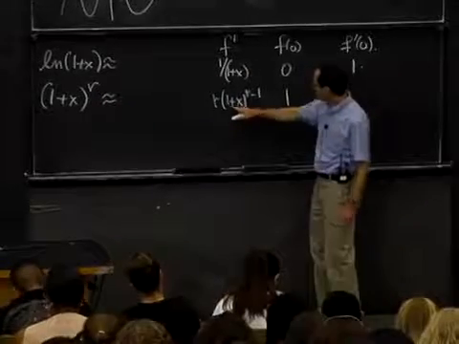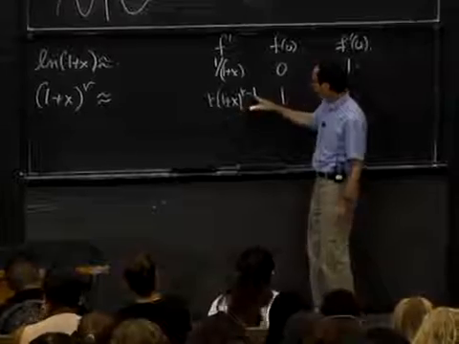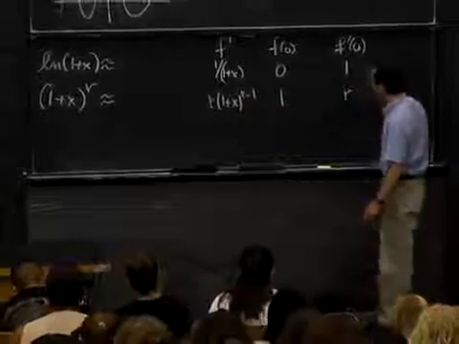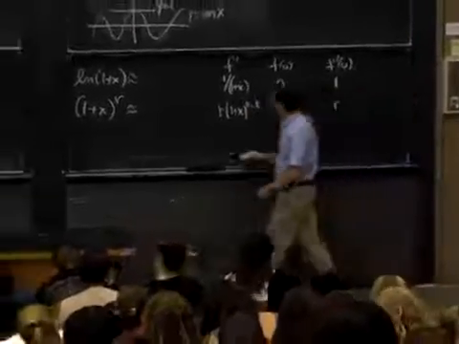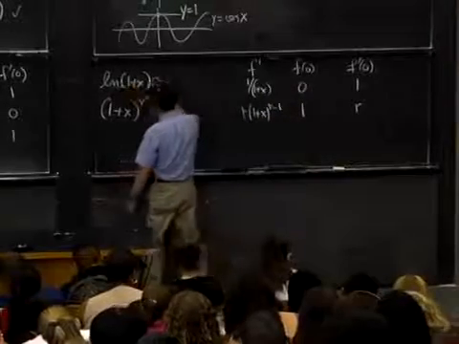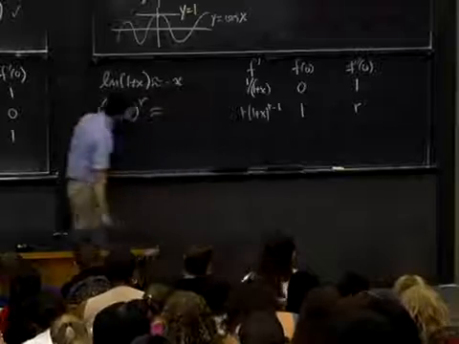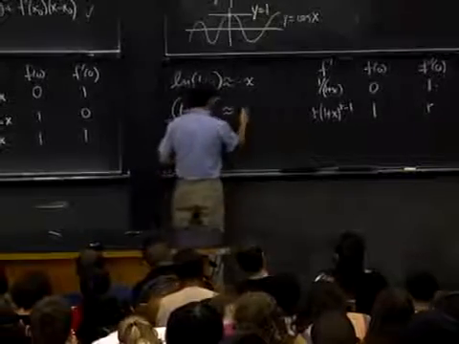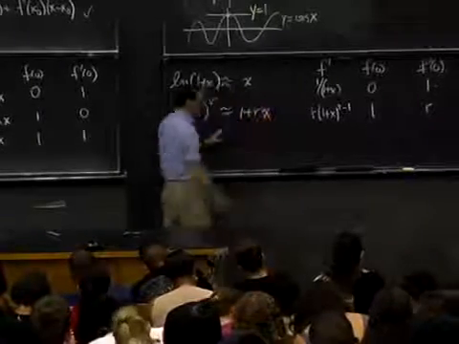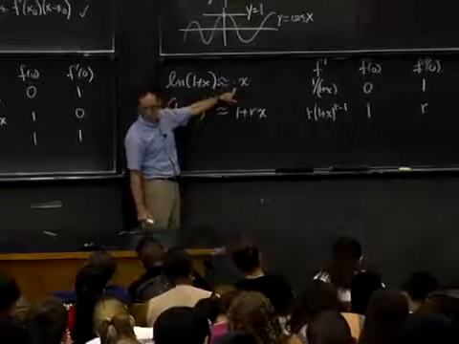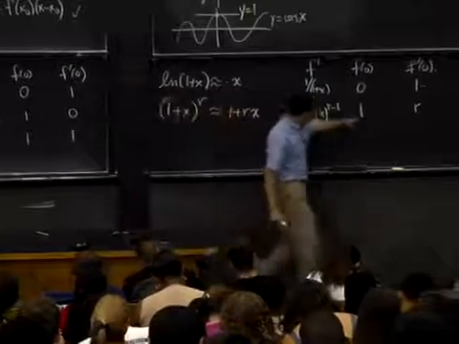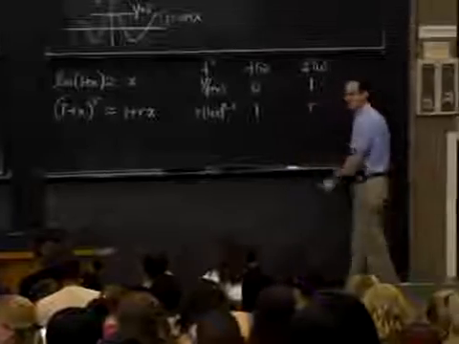And here I get r times 1 to the r minus 1, which is r. So the corresponding statement here is that log of 1 plus x is approximately x, and 1 plus x to the r is approximately 1 plus rx. That's 0 plus 1 times x, and here we have 1 plus r times x.